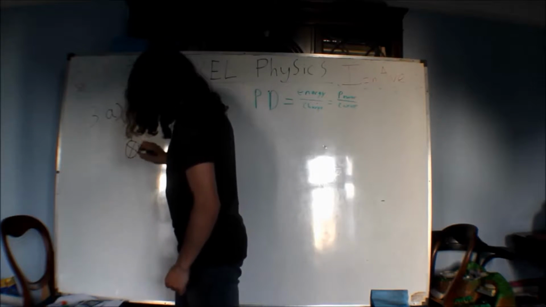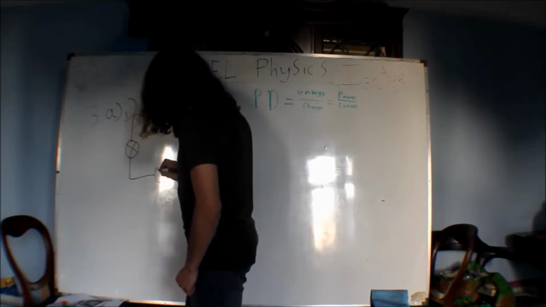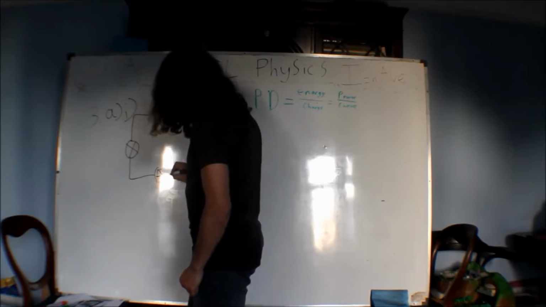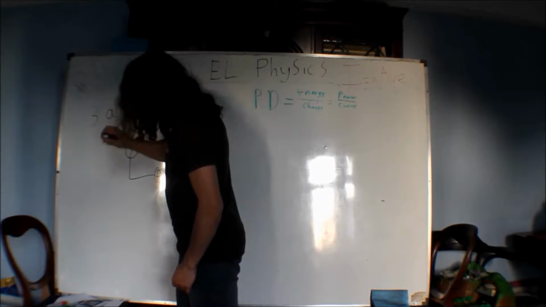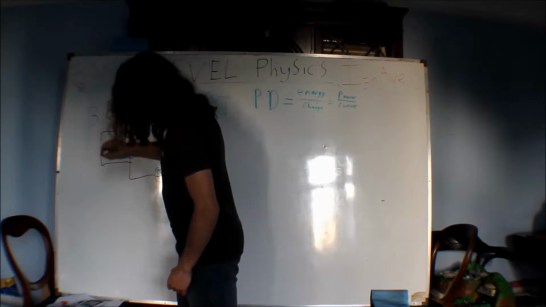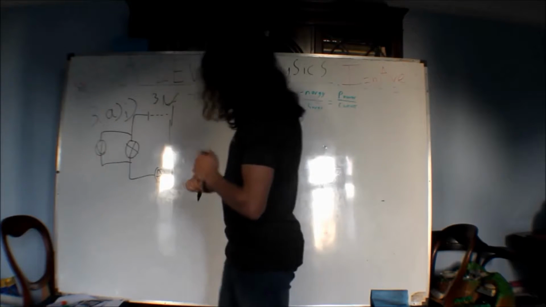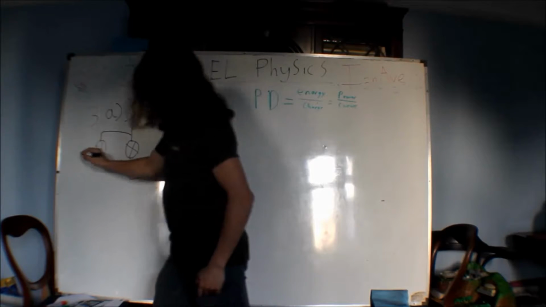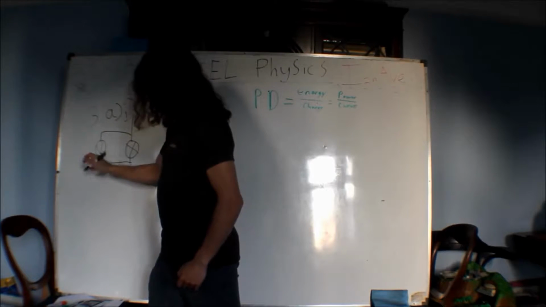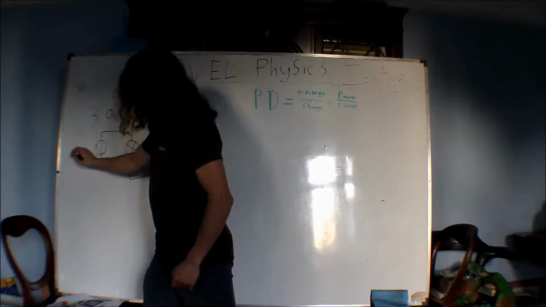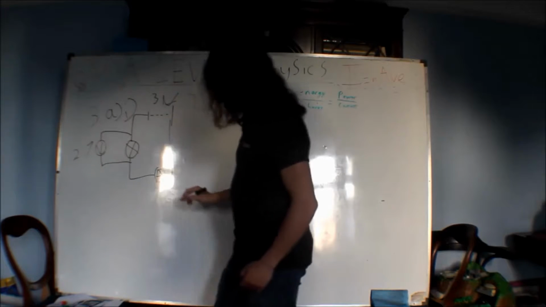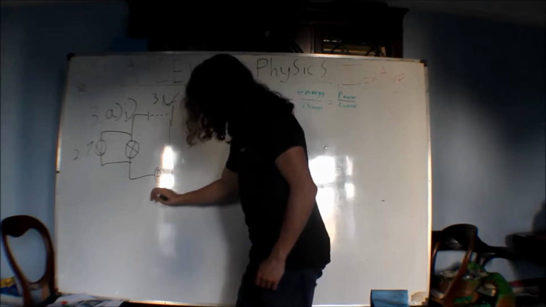We've got a bulb there, an ammeter to measure the current, and a voltmeter in parallel to the bulb to measure that. The EMF is 3 volts, labelled up there. The potential difference across the bulb is 2.7 volts when the current is 0.3 amps.